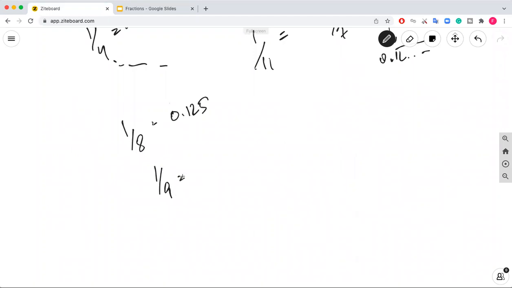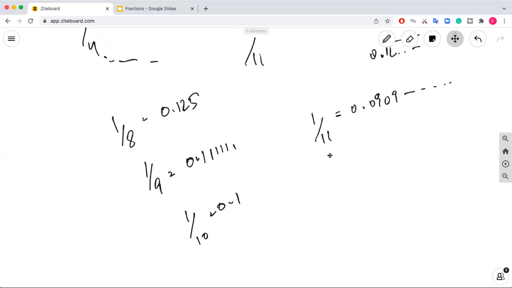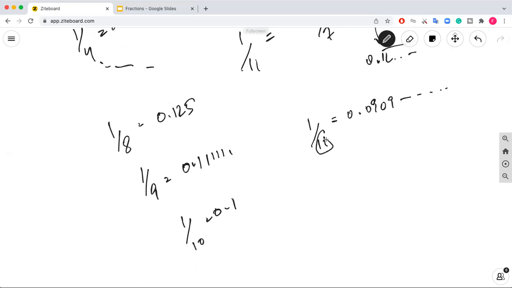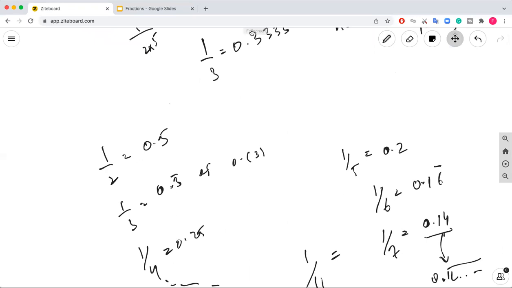What is 1 by 9? 0.1111. And 1 by 10 is very simple, 0.1. And what is 1 by 11? 0.090909. You should know these till 1 by 11. If you know 1 over 2, you can make 3 by 2, and you can make 5 by 2.